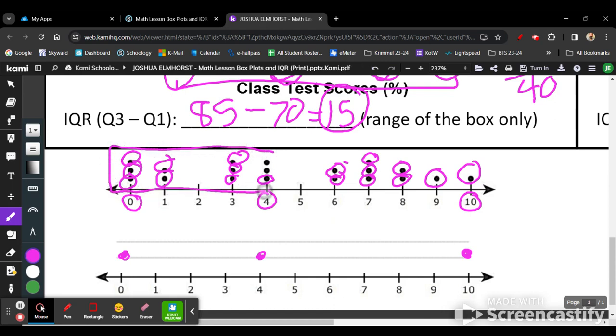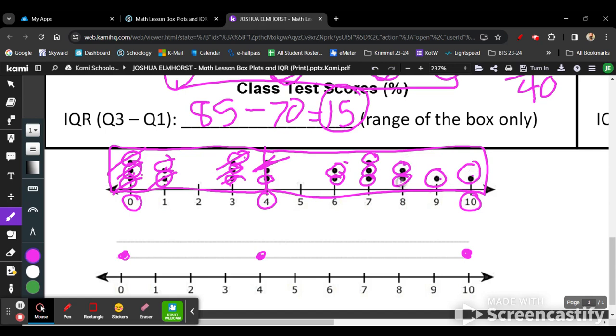On the left side of the data and the right side of the data, we need to find the median of the lower half and the upper half. So it looks like the data split was right here. So left, right, left, right, left, right, left, right. So we got 1, 2, 3, 4, 5, 6, 7, 8, 9.